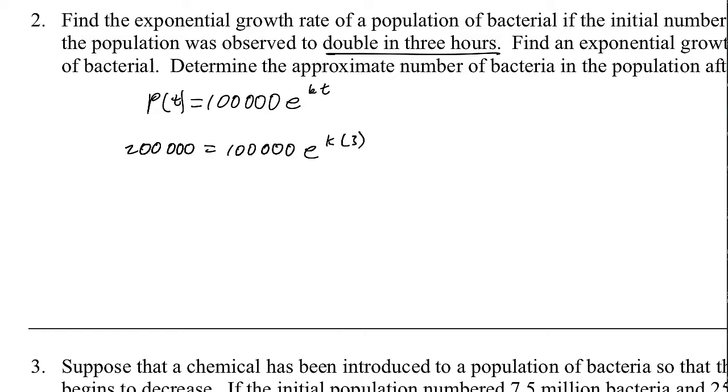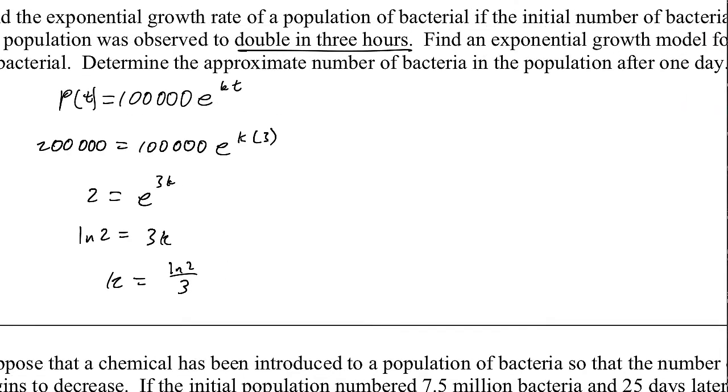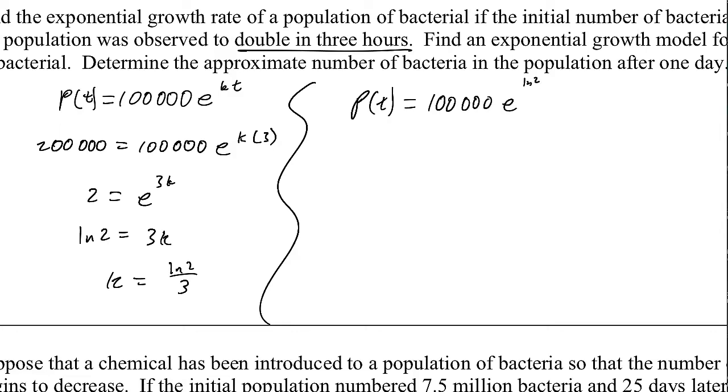So if I divide over that 100,000, this should be 2 equals e to the 3k. And then if I take the natural log of both sides, this is ln of 2 equals 3k. So k is the value of ln of 2 over 3. So when they're looking for this model, then P of t equals 100,000 e to the ln of 2 over 3 t.